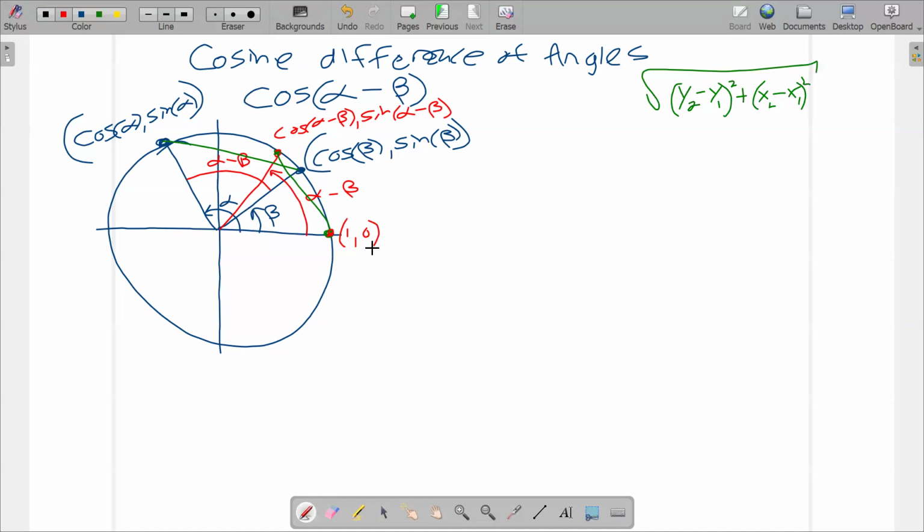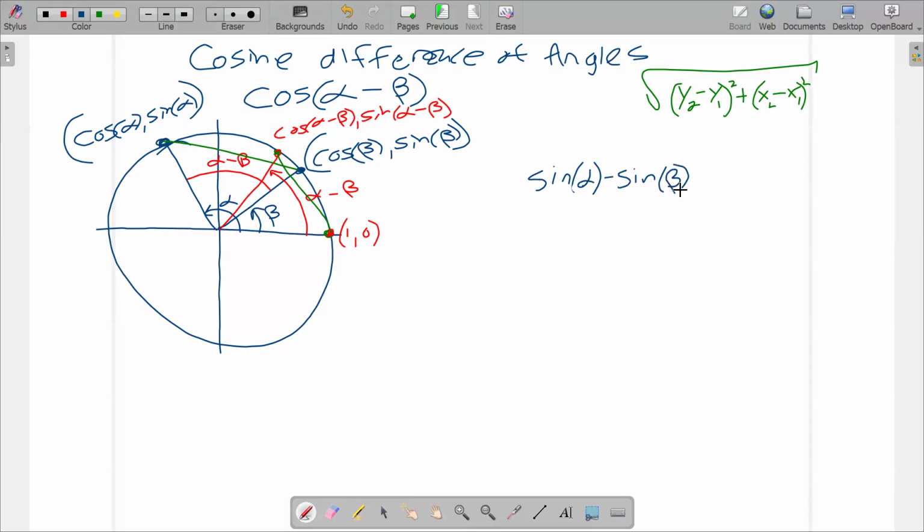Well, for the difference in the y values for the blue points, the y values are just the sines. So I'm just going to take the sine alpha minus sine beta.